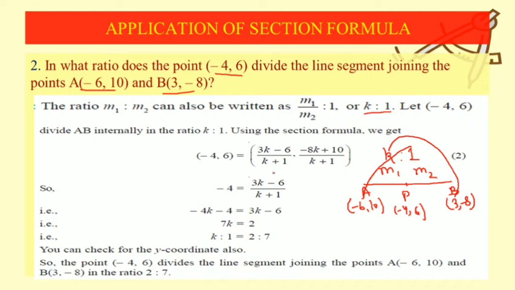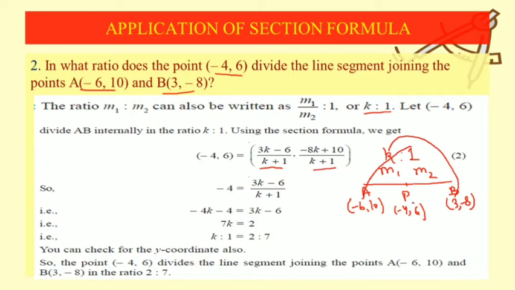So this is our x coordinate. Then for the y coordinate, k multiply minus 8, so minus 8k, and 1 multiply 10, it will be plus 10 upon the sum of the ratio k plus 1. So this is in general the coordinate for this point P, that is x and that is y.